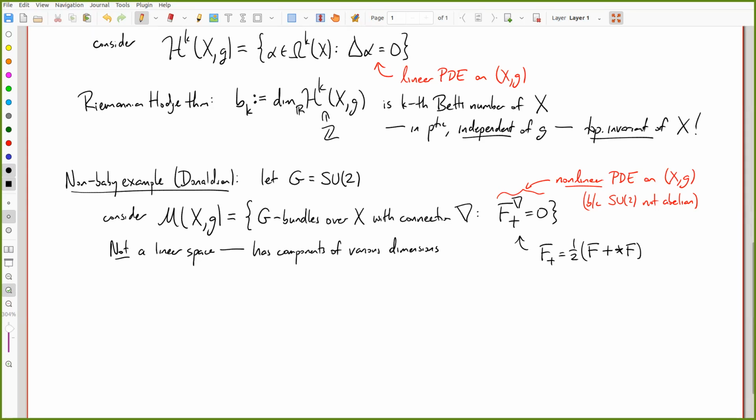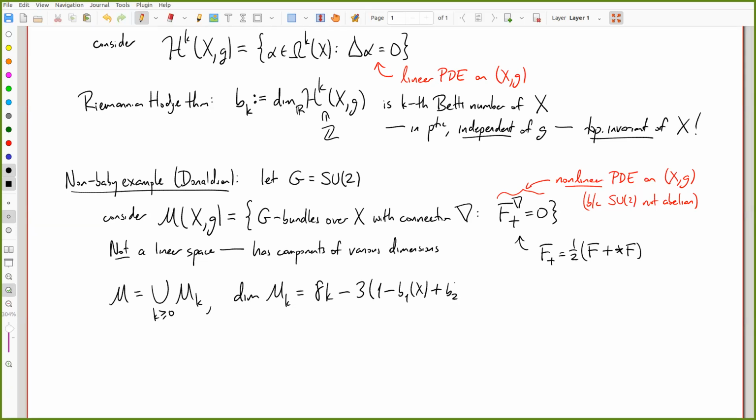In fact, I've already specialized to SU2, so I can say it a little more precisely. It's the union of pieces labeled by a non-negative integer k, the so-called instanton number, and the dimension of the kth component is 8k minus something that's independent of k. So it's basically 8k, but then there's a correction, and the correction has to do with the Betti numbers.